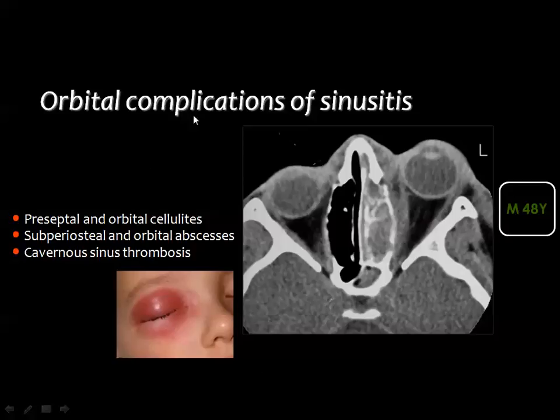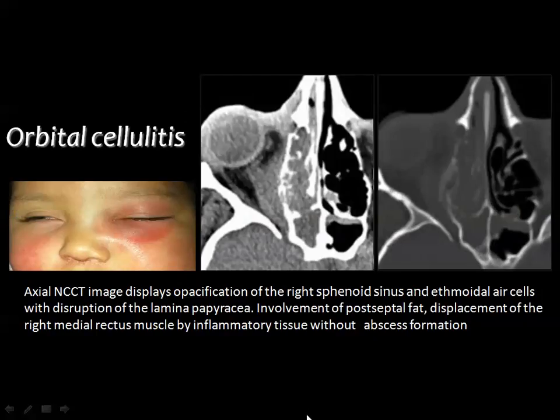The orbital complications of sinusitis may include orbital cellulitis, the development of subperiosteal and orbital abscesses, and, very importantly, access to the cavernous sinus leading to its thrombosis, a known complication of sinusitis, especially in the sphenoid sinus.